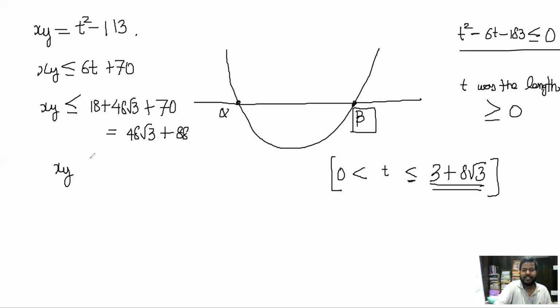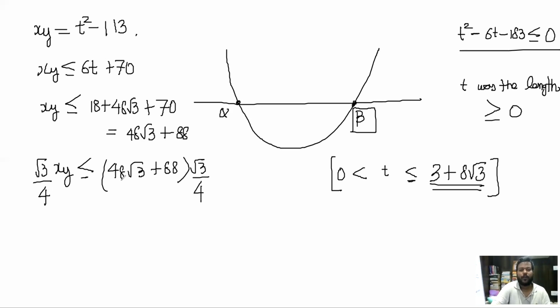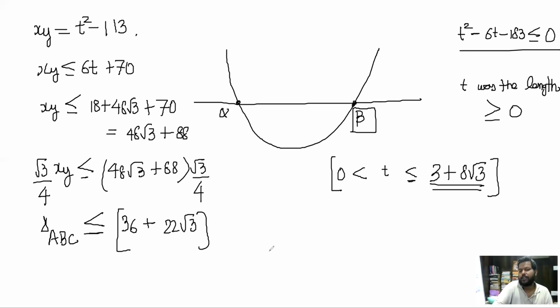So XY is less than or equal to 48 root 3 plus 88, and the area of the triangle was root 3 by 4 XY. So multiply this by root 3 by 4. You get 12 into 3, 36 plus 22 root 3. 36 plus 22 root 3 is the area of triangle ABC, less than or equal to.